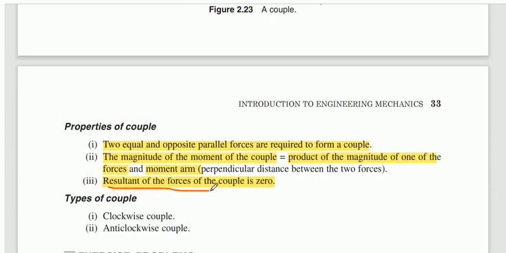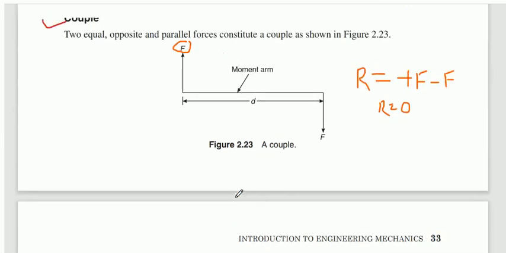And as I told you, we have the clockwise couple and the anti-clockwise couple. So this is the simple concept of the couple, what a couple means and what the characteristics of the couple are. Yes, is it clear?